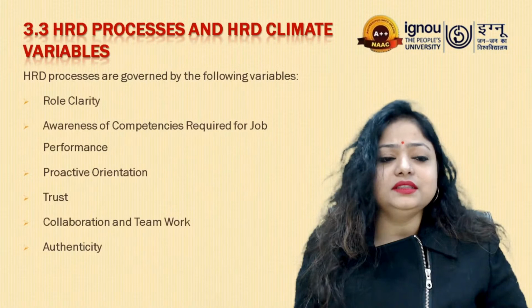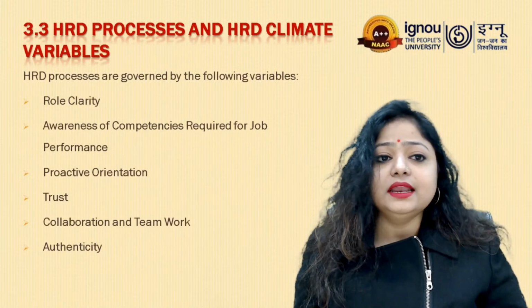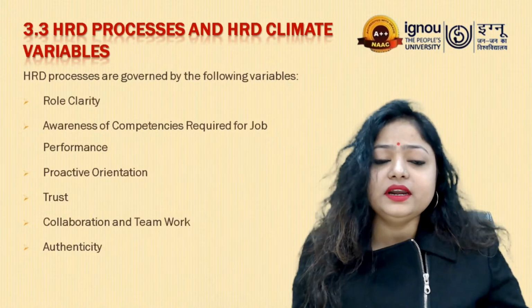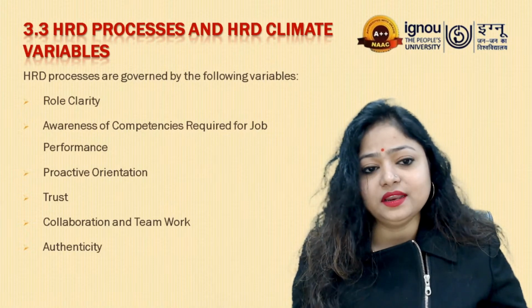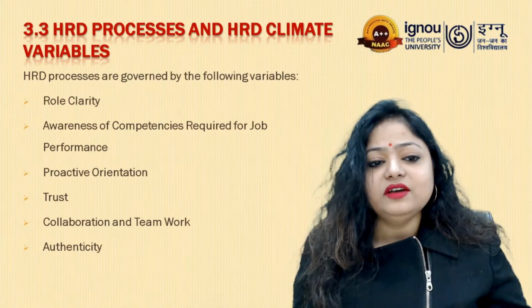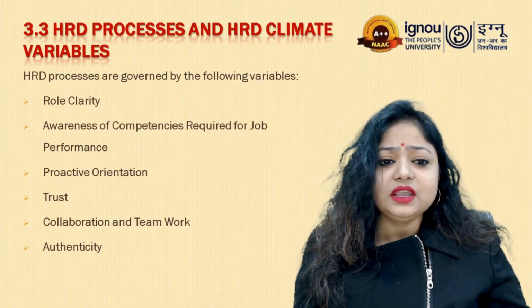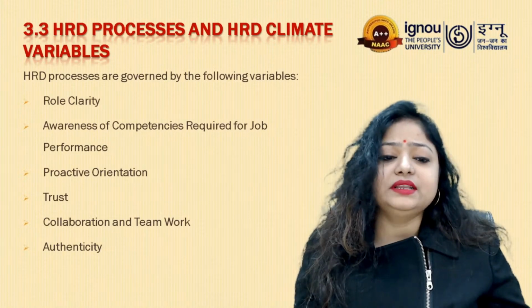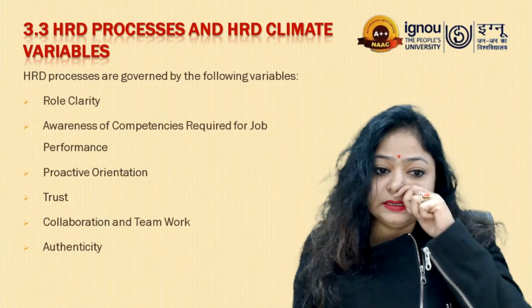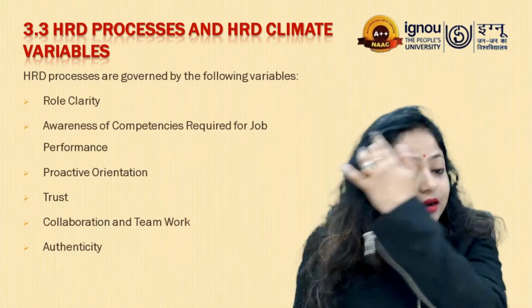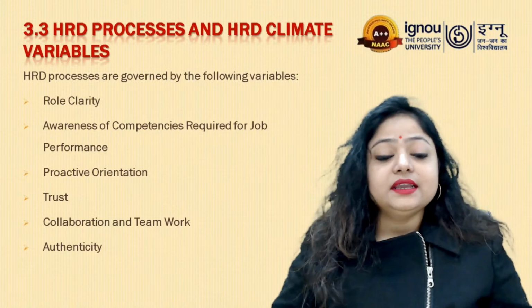So we are discussing these variables which are there in HRD processes, as we have already discussed the components or instruments in the HRD mechanism. Now, awareness of competence is required for the job. We have also seen competencies like intellectual, behavioral, and technical competencies.